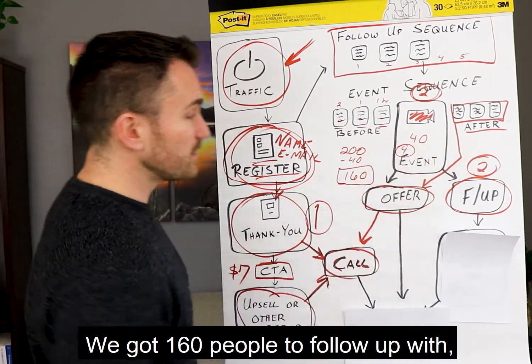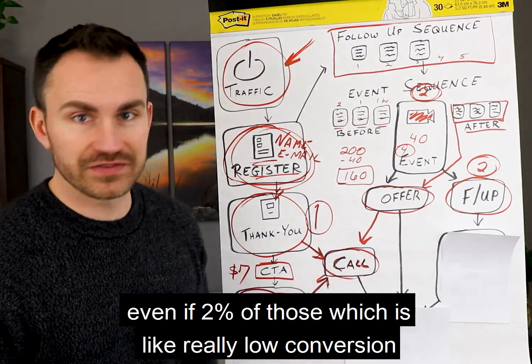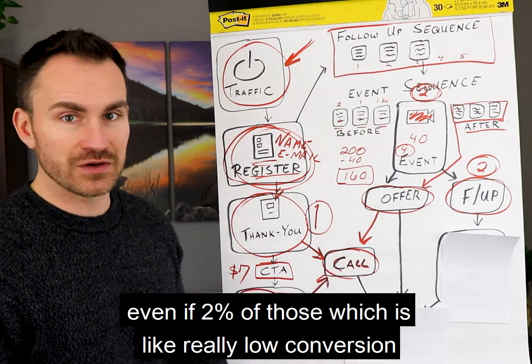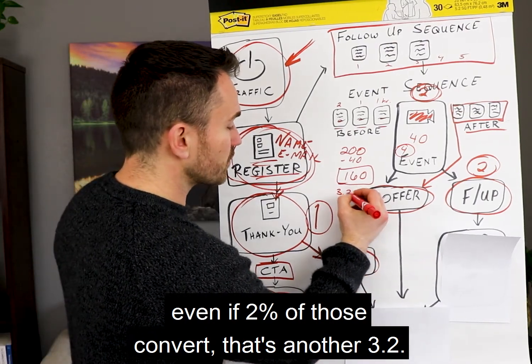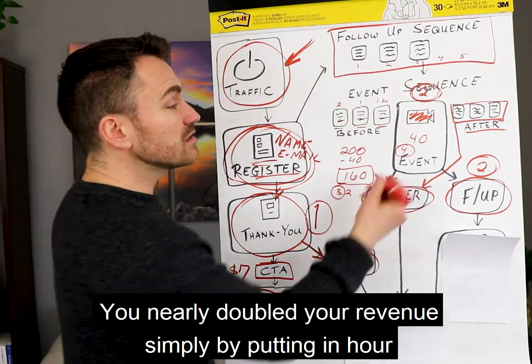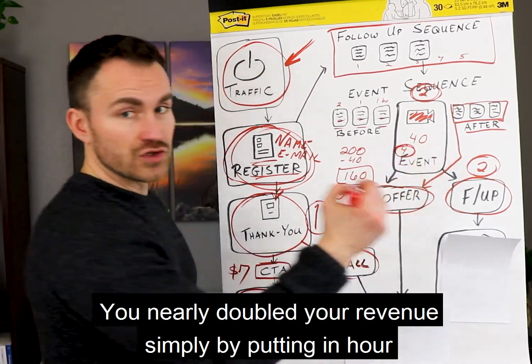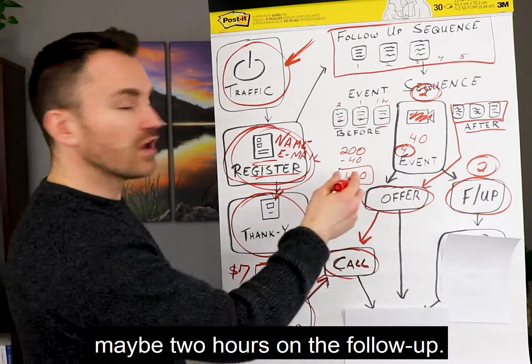We got 160 people to follow up with. Even if 2% of those, which is really low conversion, even if 2% of those convert, that's another 3.2. So you just got 3 extra clients. You nearly doubled your revenue simply by putting in an hour, maybe 2 hours on the follow-up.